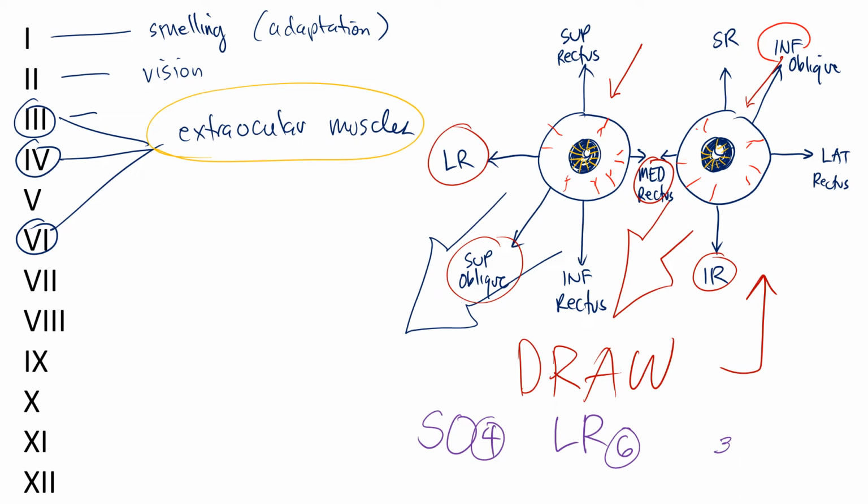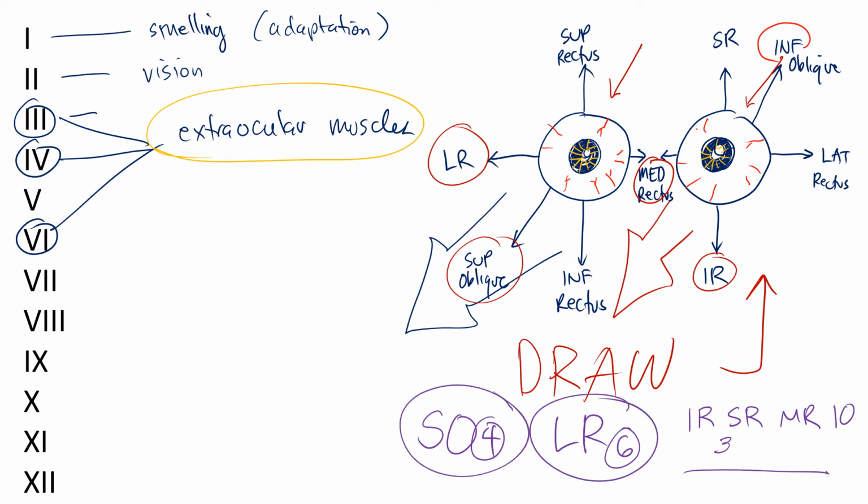All the rest. The ones that are not innervated by 4 and 6 are innervated by cranial nerve 3. That would include your inferior rectus, superior rectus, medial rectus, and inferior oblique. So, you don't have to memorize this, just know by heart SO4, LR6.